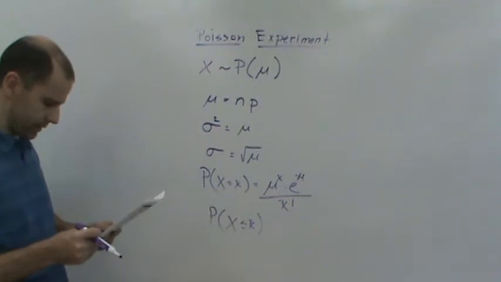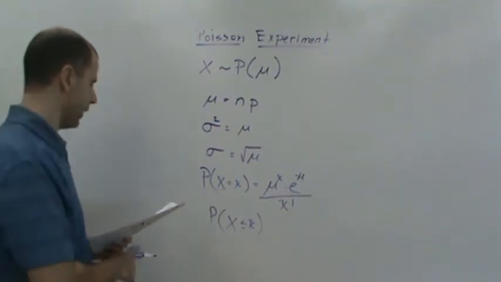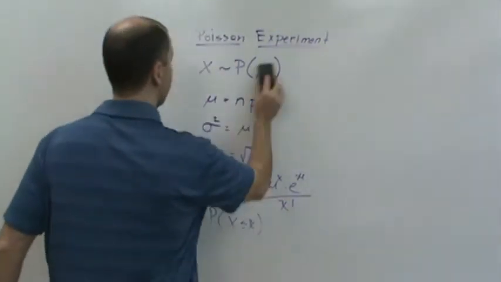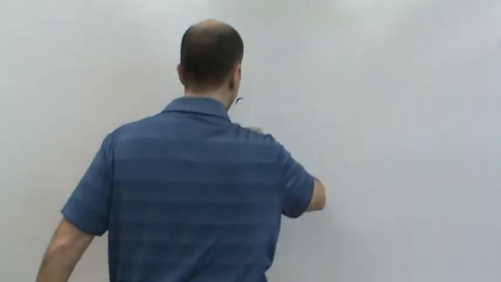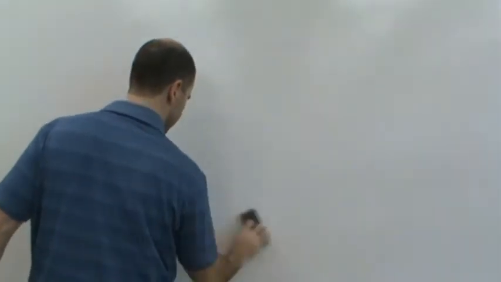Other than that, let's do an example. Okay, so here's another example. We're going to work through and calculate some probabilities and see if we can figure out some other calculations. So here it says the average number of loaves of bread put on a shelf in a bakery in a half hour period of time is 12.